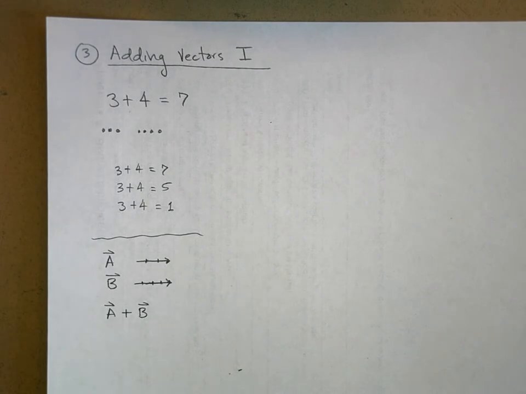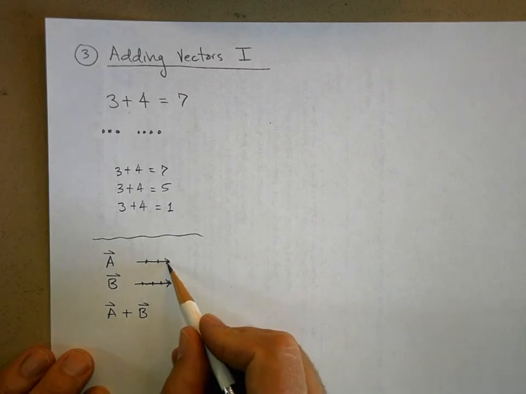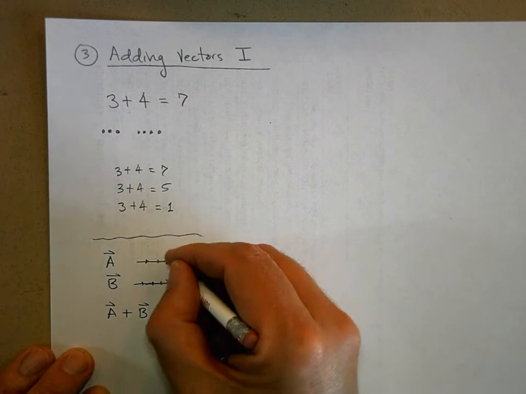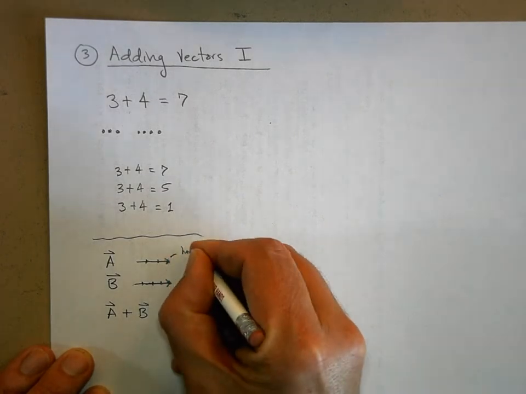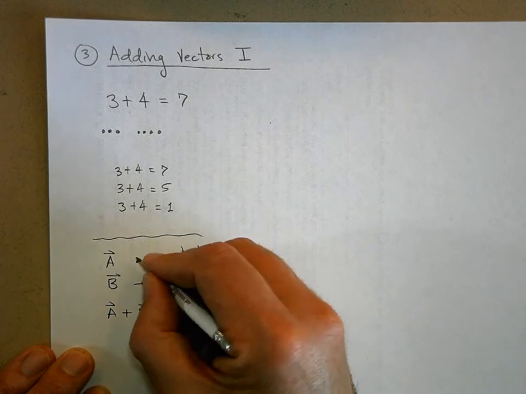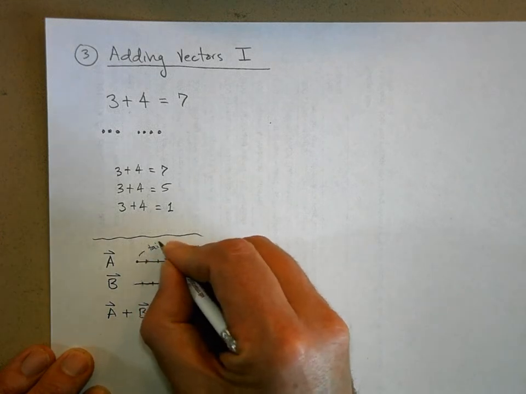You're going to take vector A, and then you're going to take vector B and hook it up to vector A so that they are head to tail, so that the arrow or the head of A is hooked up to the tail of B. So the arrow part, I'm going to call that the head of the vector, and where the vector starts, that's going to be the tail.